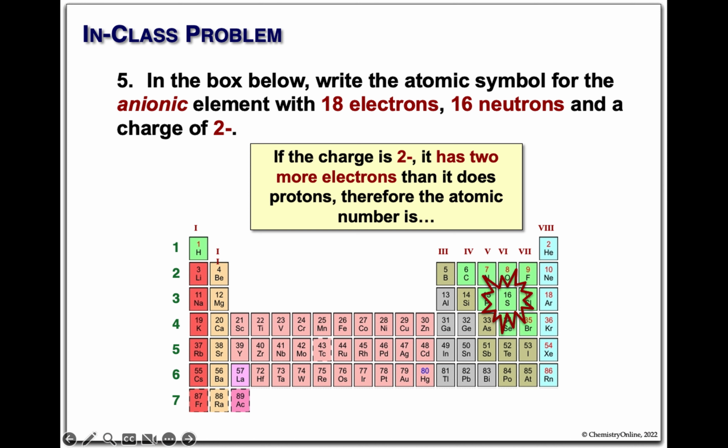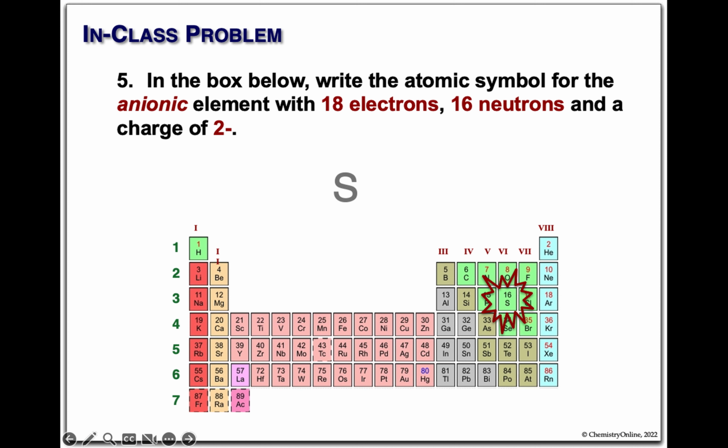All right, with our S. Now we remember when we do an atomic symbol, the number of protons is our subscript in front. The mass number is the sum of protons plus neutrons.